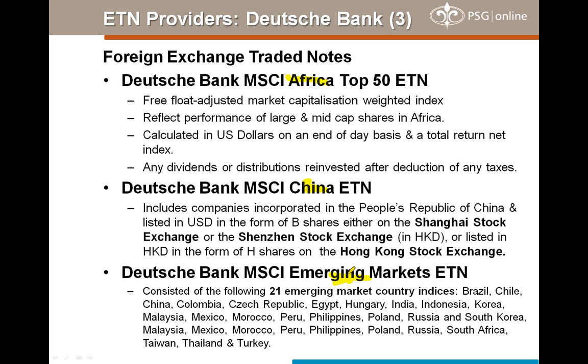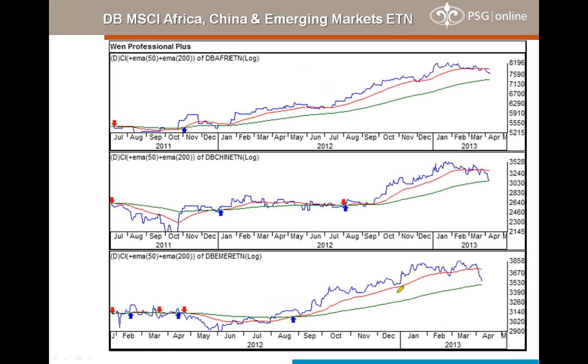What I also find interesting is Deutsche Bank has this emerging markets index. You have exposure to 21 emerging market countries, okay, from Poland and Russia to South Korea and South Africa, Thailand and Turkey. So 21 different countries that you can get exposure to. Okay, you can see how they've been performing, not too shabby. Again, as I say, something to look at.